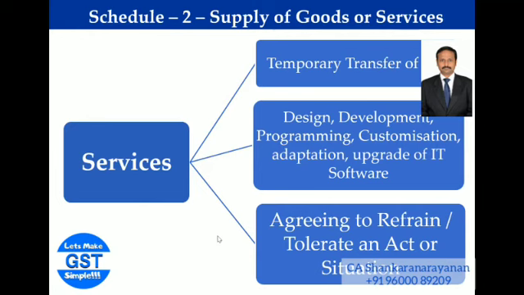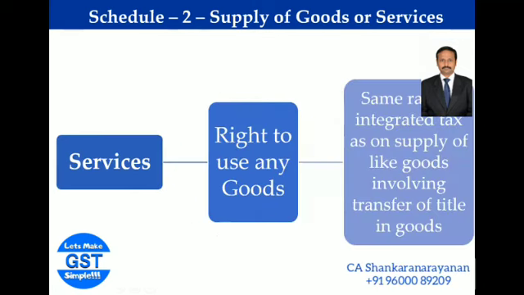And further, we move to the very, very tricky aspect. If I give you the right to use any goods, then it is considered to be a supply of service. There ends the GST law, but I wanted to give you a practical angle by the third column that I have put here, which is very, very practically relevant and important.